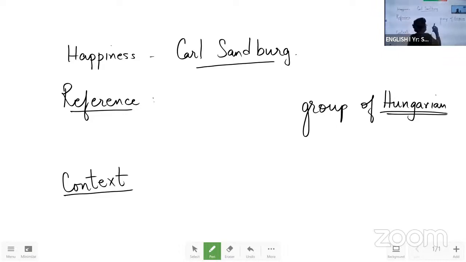But why does the word Hungarian come? He doesn't belong to Hungary. They are immigrants. So now understand why he talks about them. Immigrants lead a very miserable life because they left their country and settled elsewhere.